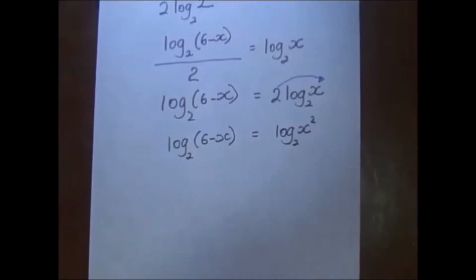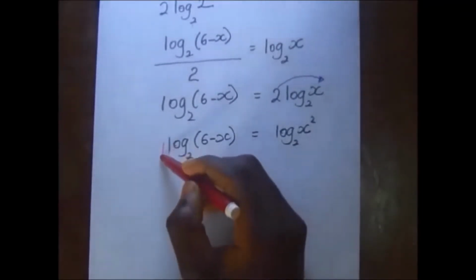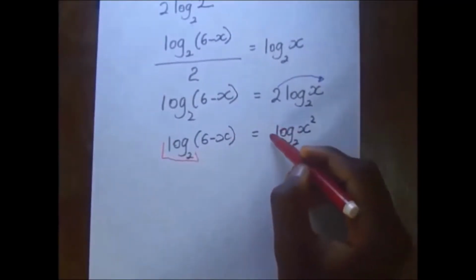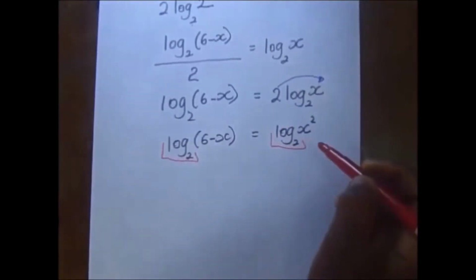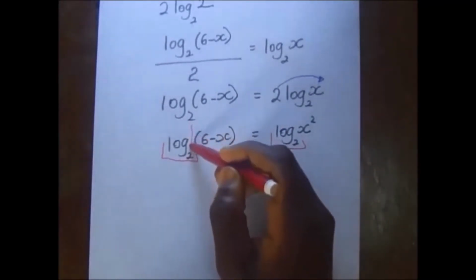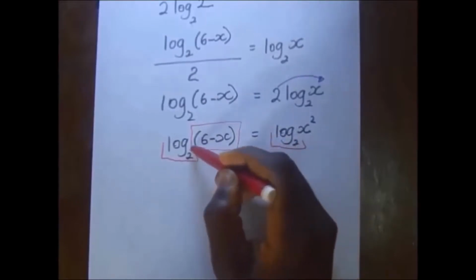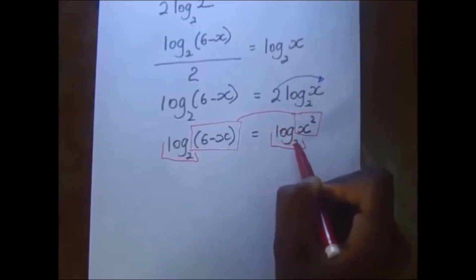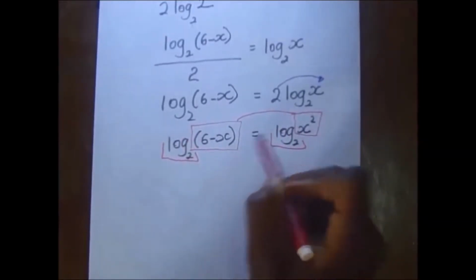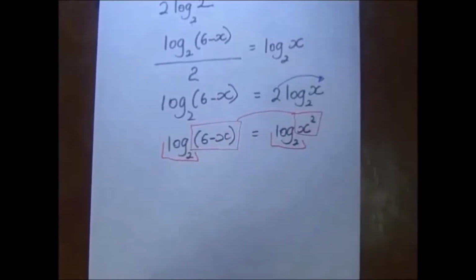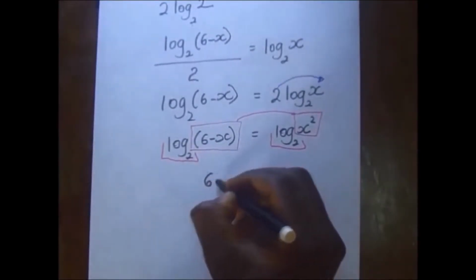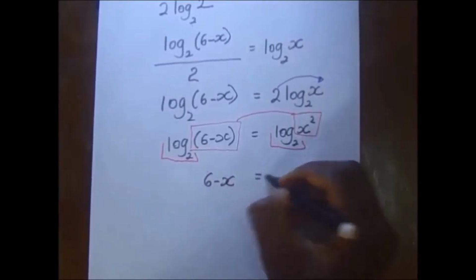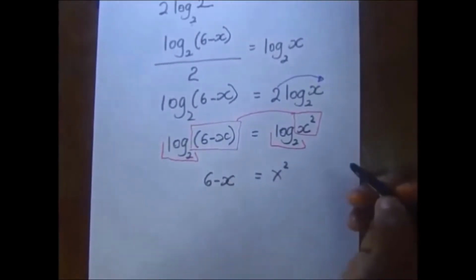Now what do we see here? We are seeing that you're having log base 2 on this side, log base 2 on that side. So it means that the values of those logarithms are the same. This value there should be equal to that value there, since it's log base 2, log base 2. So here what we do is simply equate this to that, and we get our value of x. So it's going to become 6 minus x is equal to x squared.